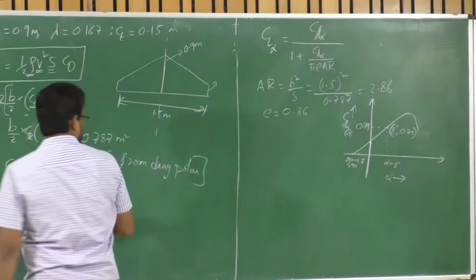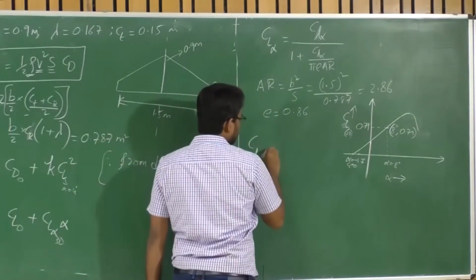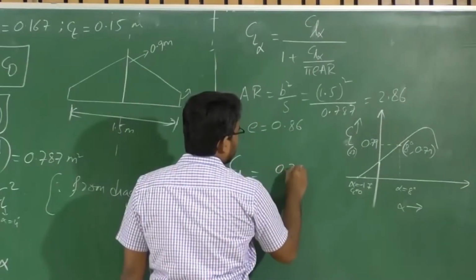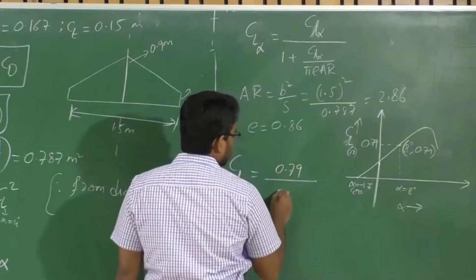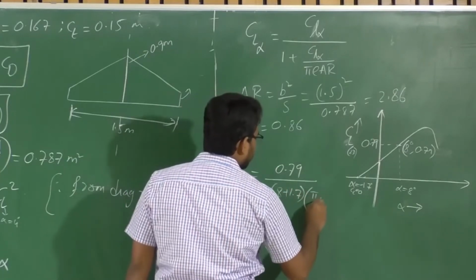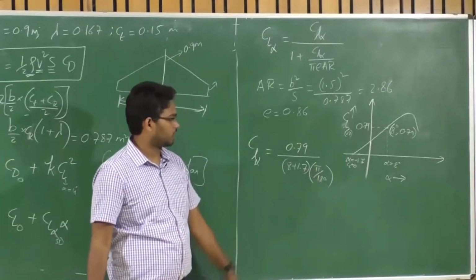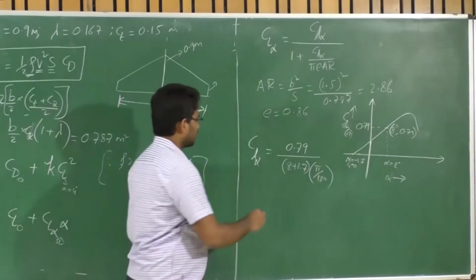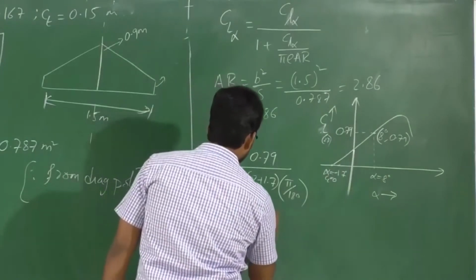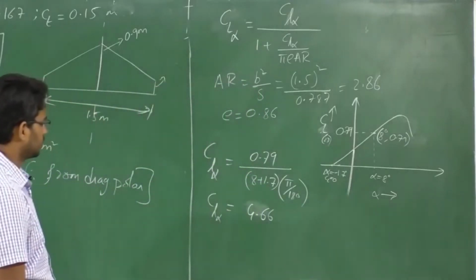Okay. So using this data, I'll be able to find out CL alpha 2D, which is equals to 0.79 upon 8 plus 1.7. So I'm multiplying this by pi by 180 to convert it to per radian. Okay. So that turns out to be 4.66 or 4.7, you can say 4.66.